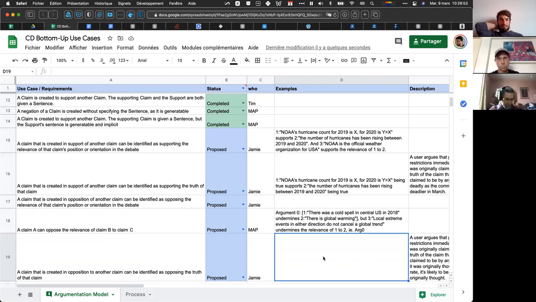So what's a good one? Well, okay, so it doesn't have to be a good argument, but the previous one can work, right? Even if it's invalid. Yeah, the number of hurricanes has been rising is opposed by I only counted 10 hurricanes in 2020 or something.